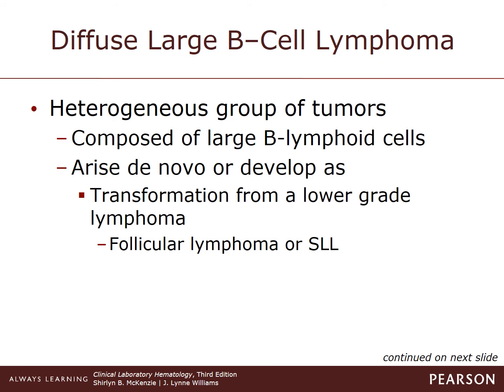Diffuse large B-cell lymphoma is an aggressive type of disease composed of very large B lymphocytes. It can happen by itself or as a result of a transformation from a lower grade lymphoma, such as follicular or small cell lymphocytic leukemia or lymphoma.